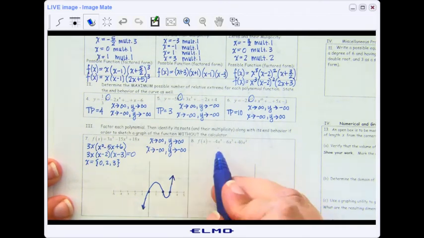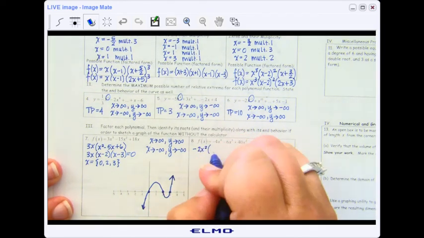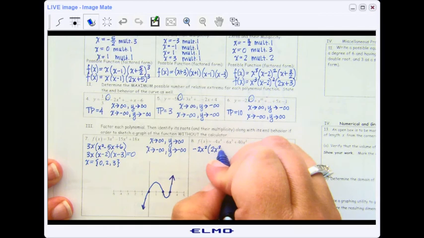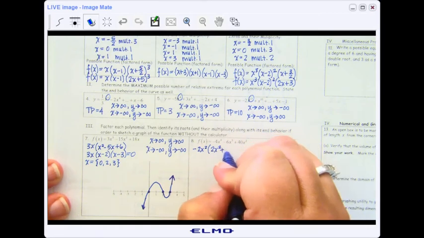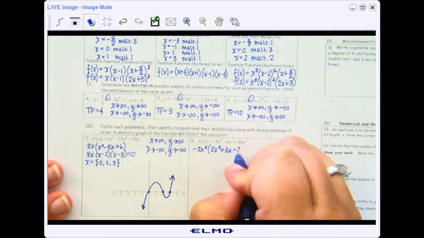And the next one, if I factor out a negative 2x squared, then this becomes 2x squared plus 3x minus 20.